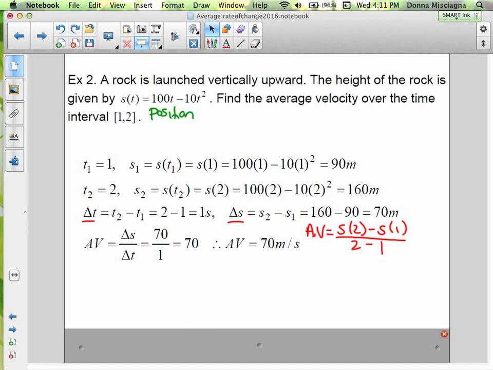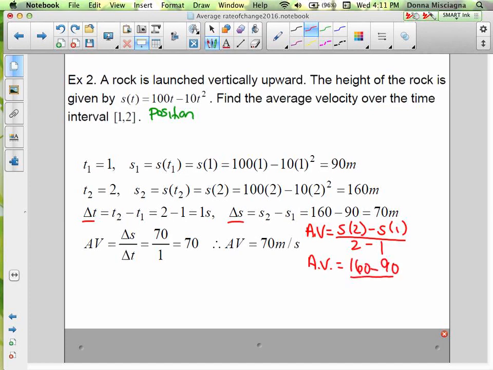Let's get rid of this. All right, so our average velocity, S of 2 was 160. S of 1 is 90. And of course 2 minus 1, which would give us 70 divided by 1, or 70 meters per second.